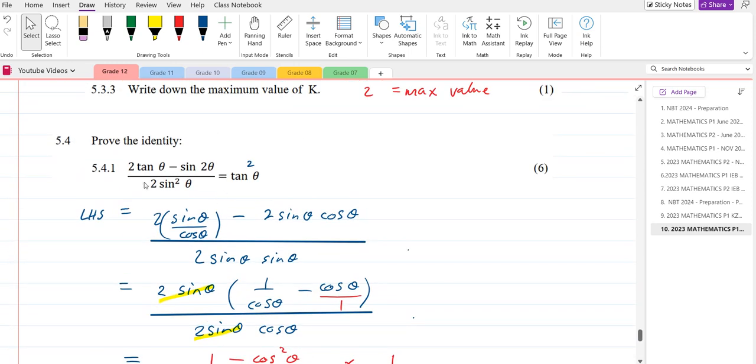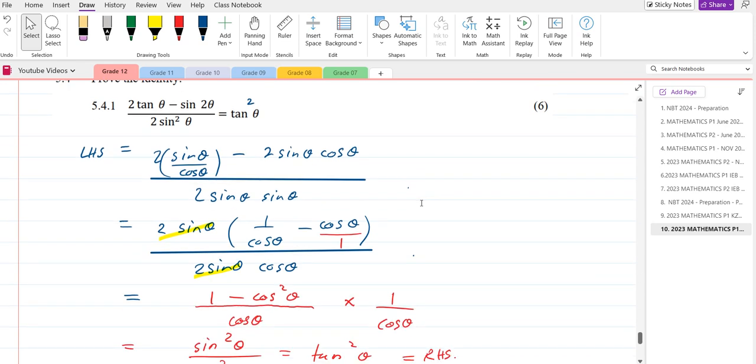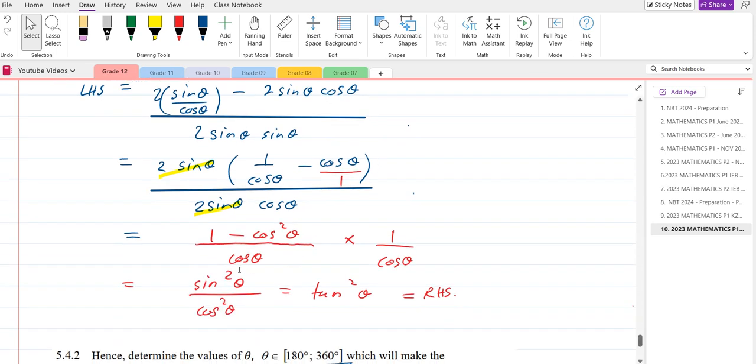Just want to go back and check if this is true. 2 tan theta minus sine 2 theta. So 2 sine over cos minus 2 sine theta cos theta. Right. Yeah, guys, this here should be tan squared, not actually tan theta.